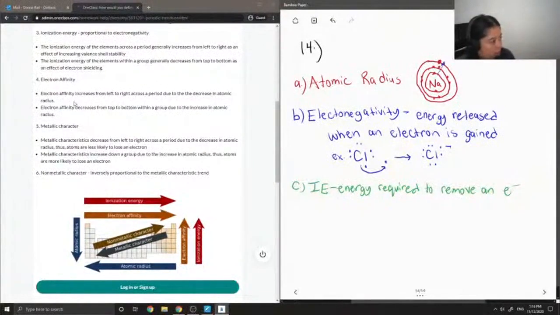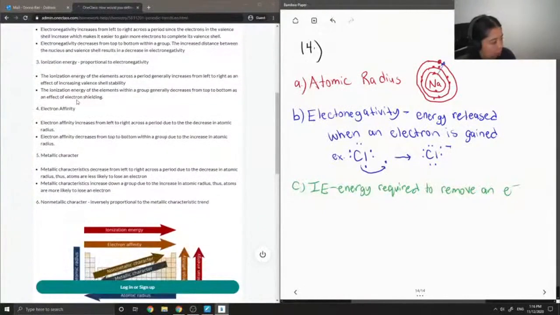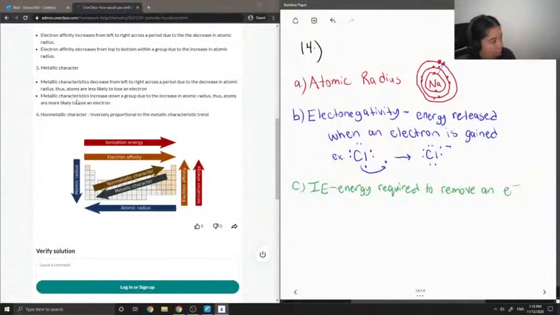Electron affinity increases from left to right across a period due to the decrease in atomic radius, and it also decreases from top to bottom within a group due to the increase in atomic radius. Metallic character decreases from left to right due to the decrease in atomic radius, thus atoms are less likely to lose an electron.